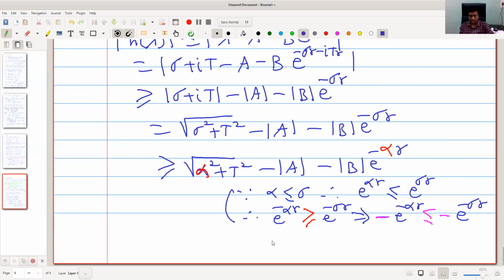Therefore minus mod b e raised to minus sigma r should be greater equal minus mod b e raised to minus alpha r. Though sigma is greater equal alpha, there are two things. First thing is here it is minus sign, and second thing here also minus sign. Because of two minus signs we have a similar thing, greater equal, so it is maintained.